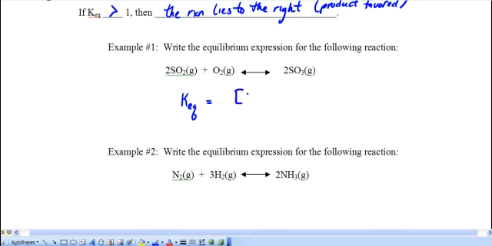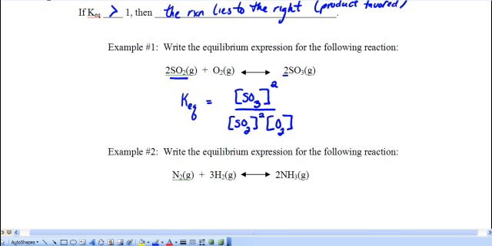The product is SO3, raised to its coefficient's power, which is a 2, divided by each reactant raised to its coefficient's power. So you have the SO2 squared times the oxygen raised to the first power, but of course you just leave that off, and there you go. That is the equilibrium expression for that particular equilibrium.